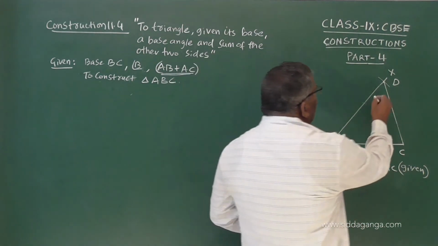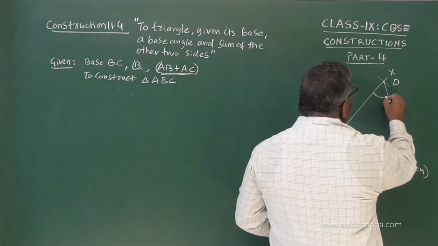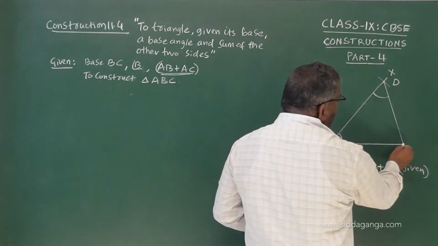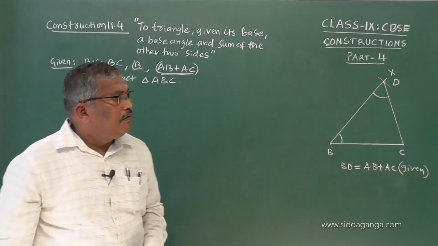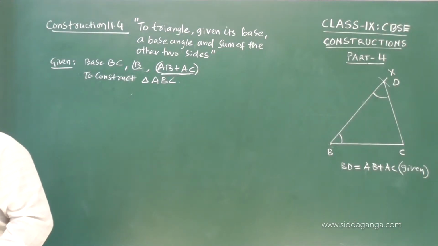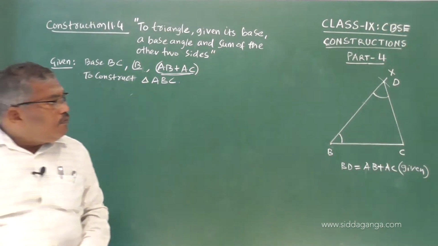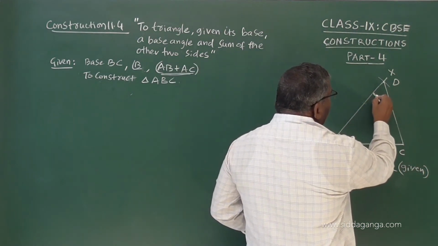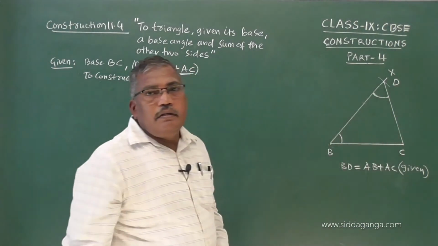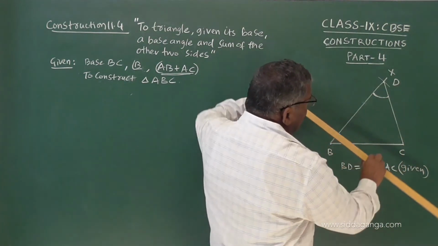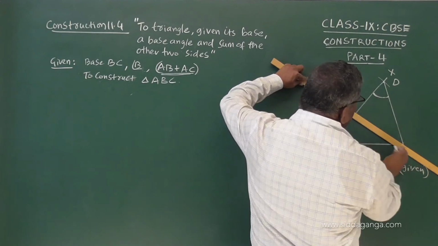Now you have this angle. Now here at point C, what we have to do is construct an angle equal to this angle here. So it is like this.